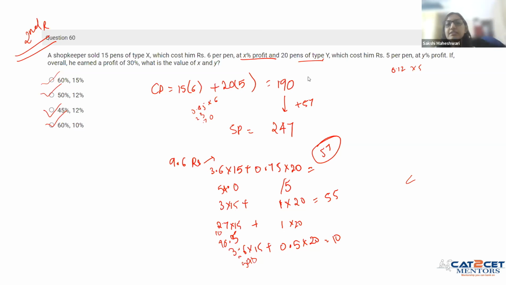Okay, just check these calculations once. I don't think there should be any big deal. I don't know where we are going wrong. 3.6 into 15, 60% profit, so this is correct. 15% profit, 0.5 and 0.75. Yeah, this is also correct.